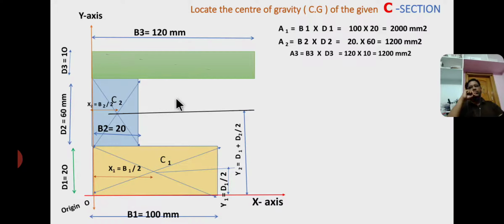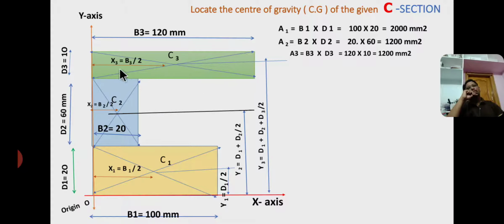Okay, similarly for a third rectangle I am drawing the diagonal lines. C3 is the centroid of the top rectangle at a distance of x3 from the y-axis and y3 from the x-axis. Here the value of x3 equals base by 2, so the base of the third rectangle by 2, that is base 3 by 2, equals 120 by 2 equals 60 mm.